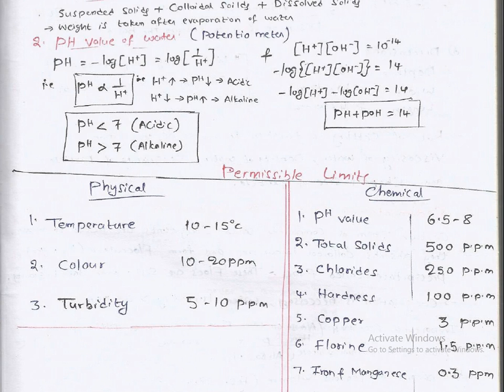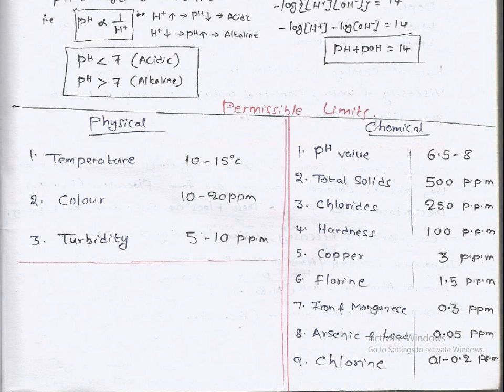Chemical: pH value 6.5 to 8, total solids 500 parts per million, chlorides 250 parts per million, hardness 100 parts per million, copper 3 parts per million, fluorine 1.5 parts per million, iron and manganese 0.3 parts per million, arsenic and lead 0.05 parts per million, chlorine 0.1 to 0.2 parts per million.